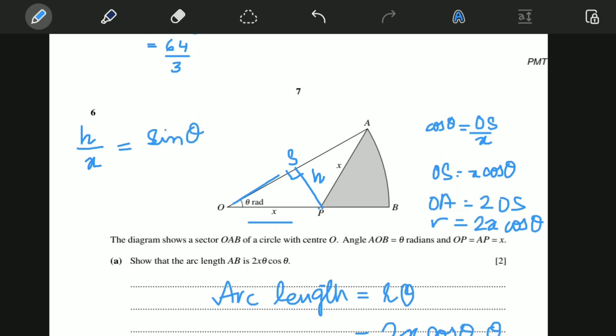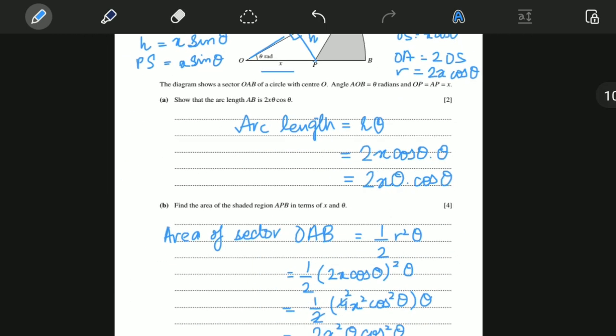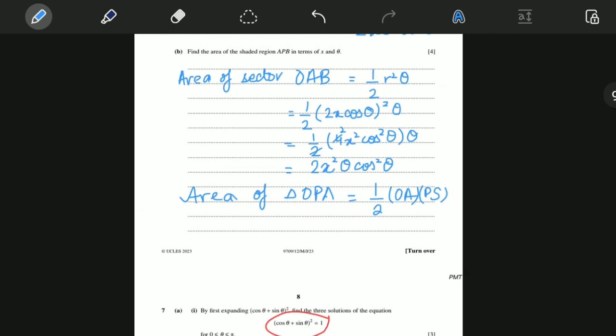So that means height is going to be equal to x sine theta, or you can say PS is equal to x sine theta.